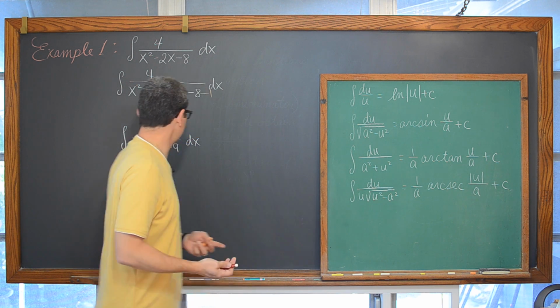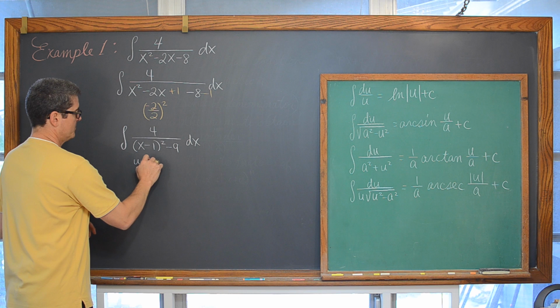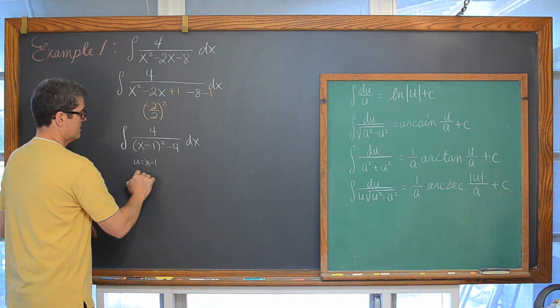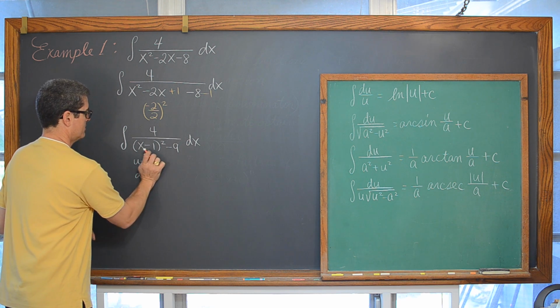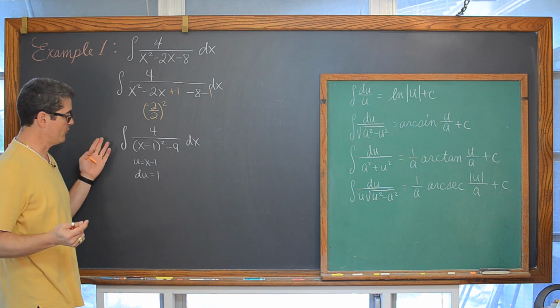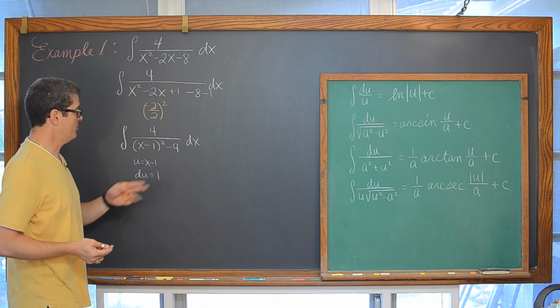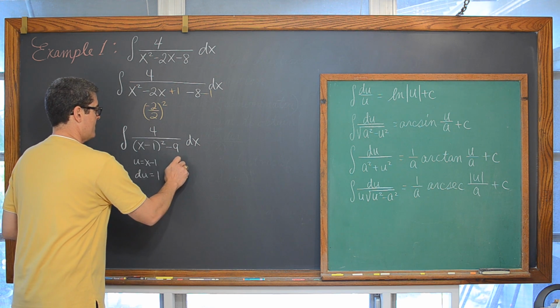And now you might be going, okay, well, then we've got what looks like one of these integration rules. I could say that maybe u is equal to x minus 1, and then du is equal to 1, and I could move the 4 up front, and we'd be okay with that. So this could be my du and my u, and we have an a value which would be 3.